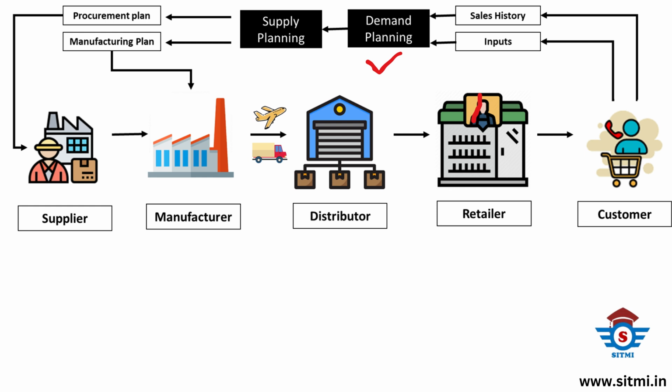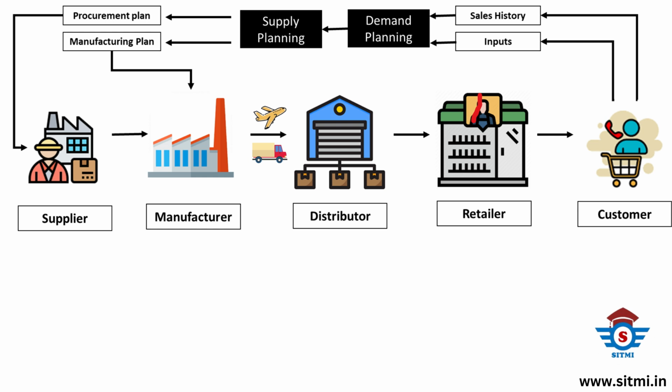Now what is the demand planning process? We will see that in detail in our next topics, but till now just hold on. So the demand planning process gets an input in the form of sales history and customers' changed patterns, and that's the reason the supply chain process starts with the customer.